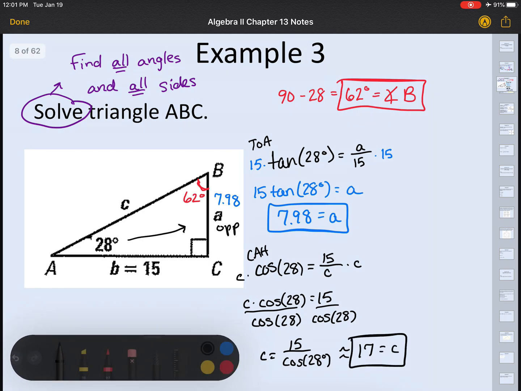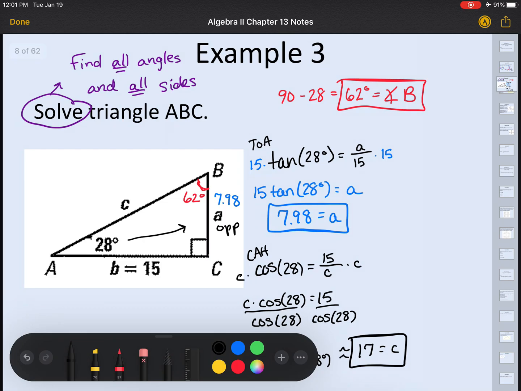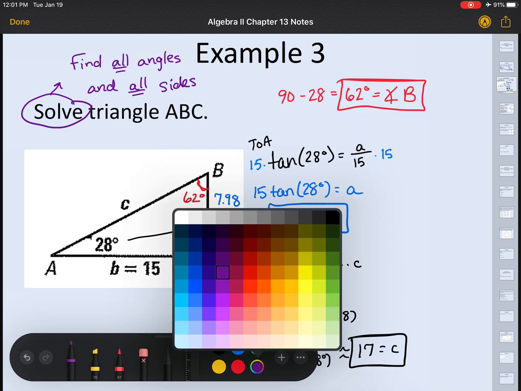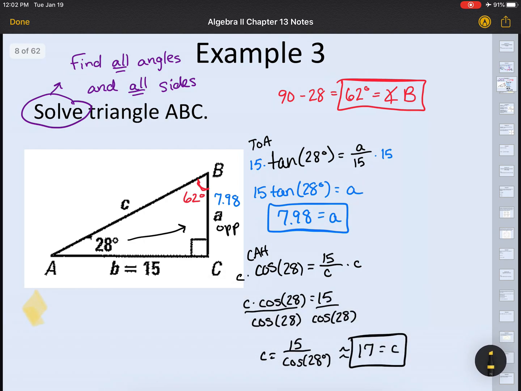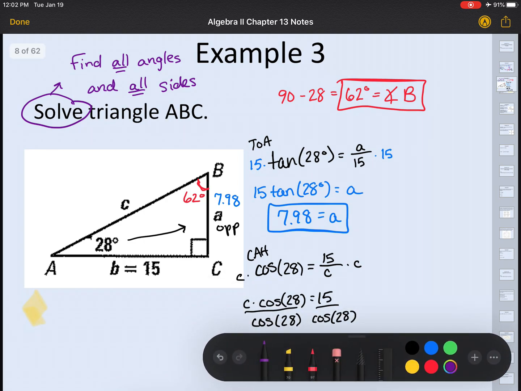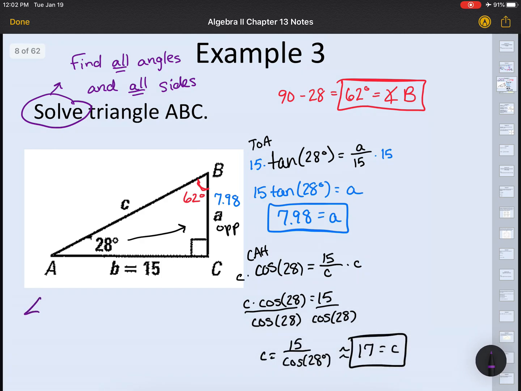Okay. So now we know that angle A was 28 degrees and its corresponding side length, little a, was 7.98.